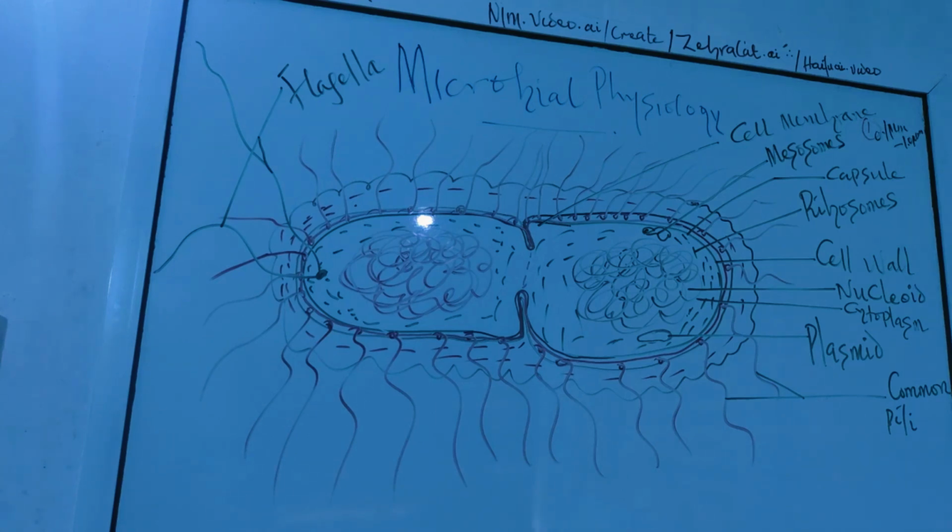That is the reason why this topic is very, very crucial for you to know the general morphology, that is the general appearance, the general body plan, and the composition of a typical bacterial cell. That will help you to know the role that they will perform from time to time.